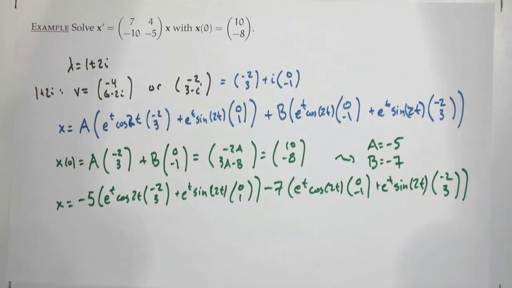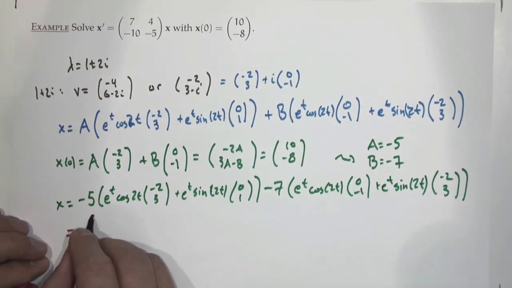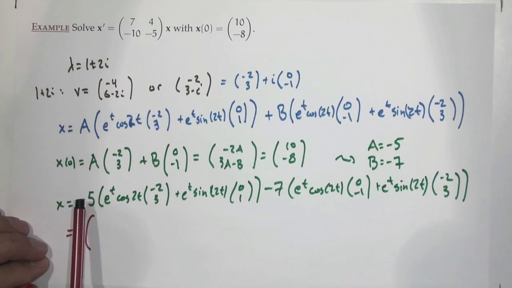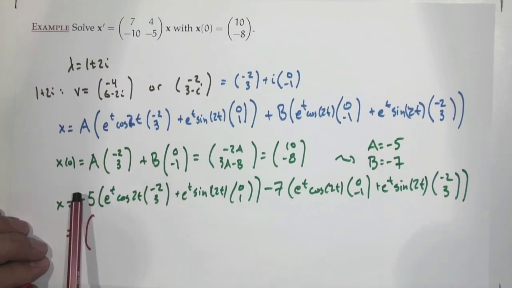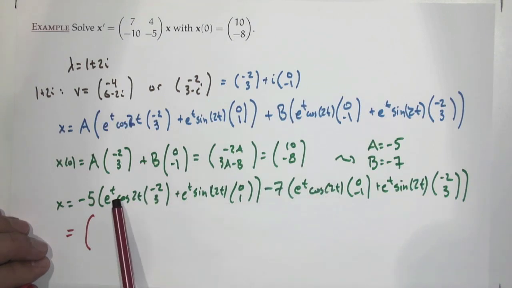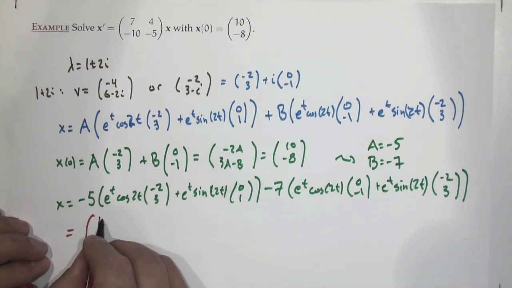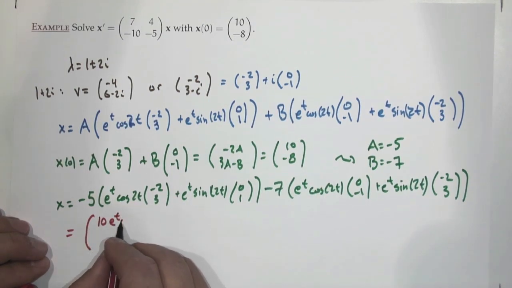Okay, so that's it. Now, suppose we were like, well, I just want a single vector. One vector to rule them all. Can we do it? Yes. Okay, so let's do our top entries. How about e to the t cosine 2t's? What's going to be on the top entry? 10 e to the t cosine 2t.